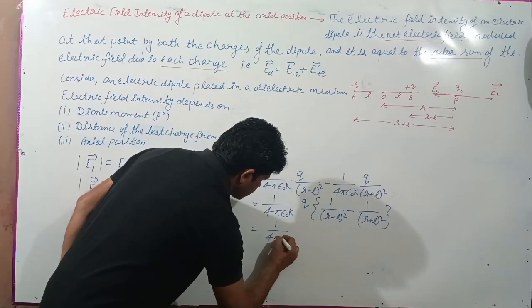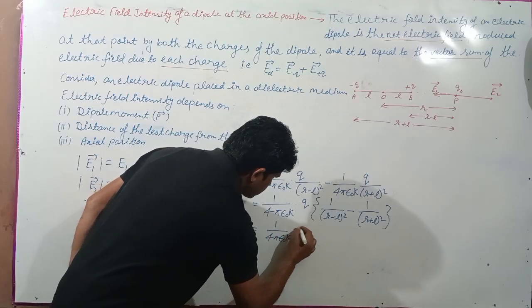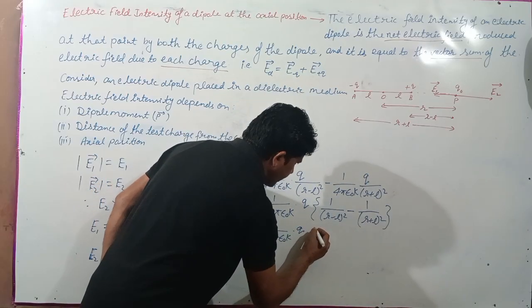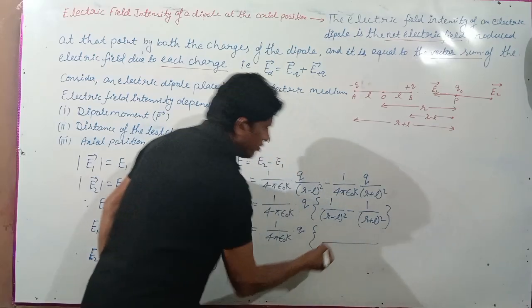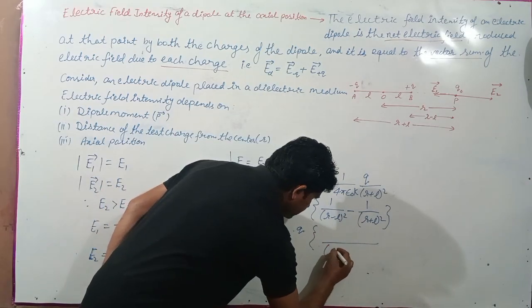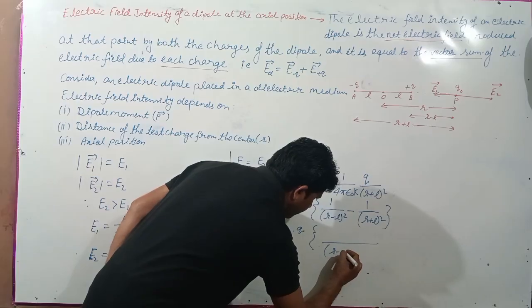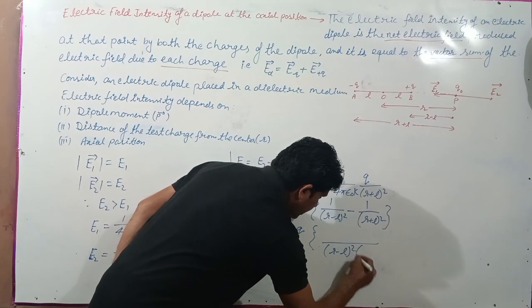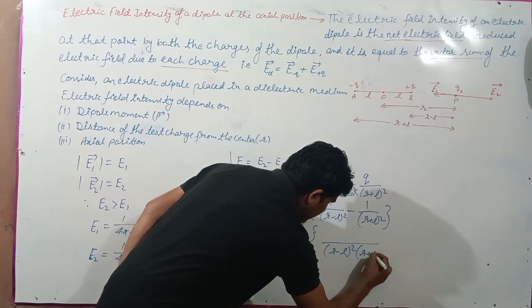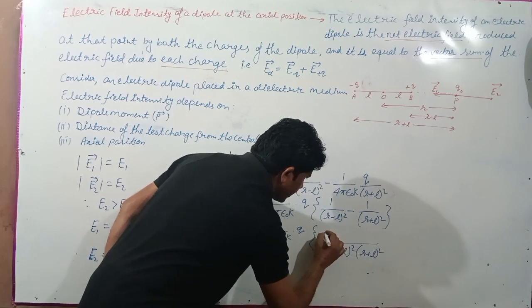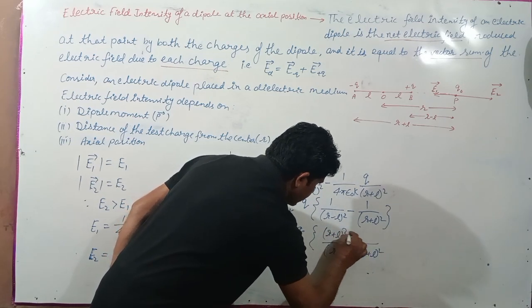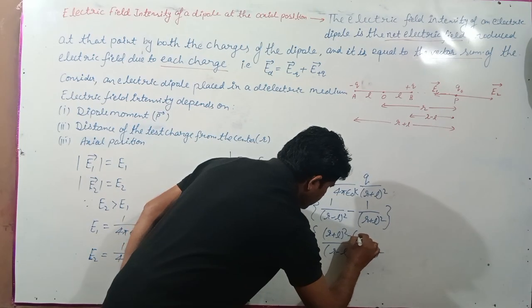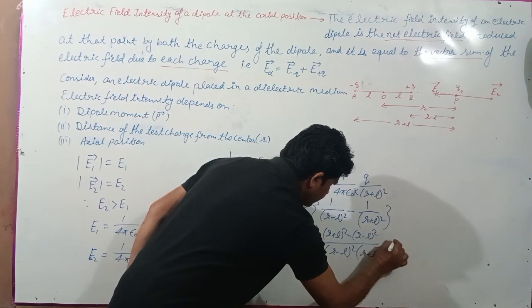Now solving these two terms in the bracket. First of all we take the LCM like this, (R minus L) whole square and (R plus L) whole square, and here we place (R plus L) whole square minus (R minus L) whole square.